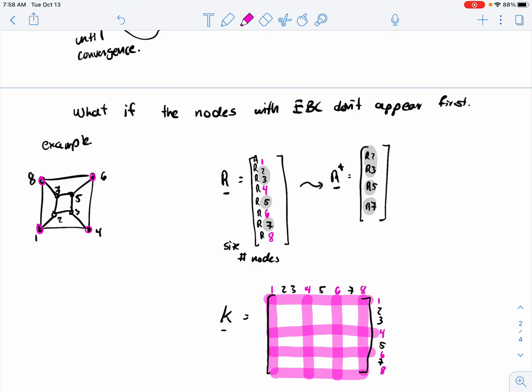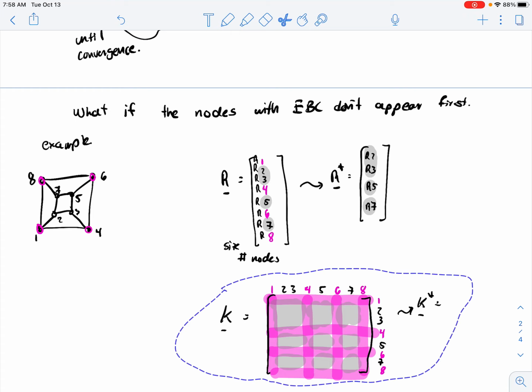And then all of the things that are in between would form the K star. How do you do that? Well, I'm not going to explain that in this video, but this is what you would have to do.